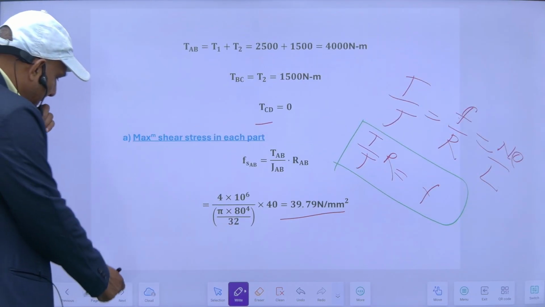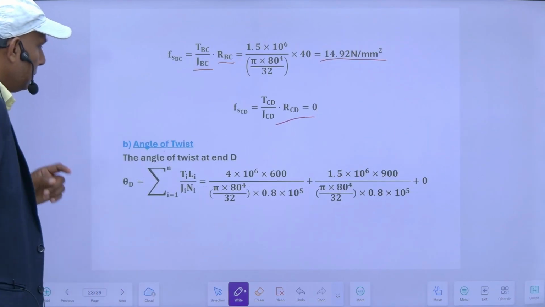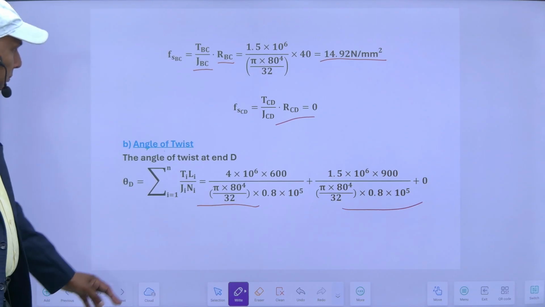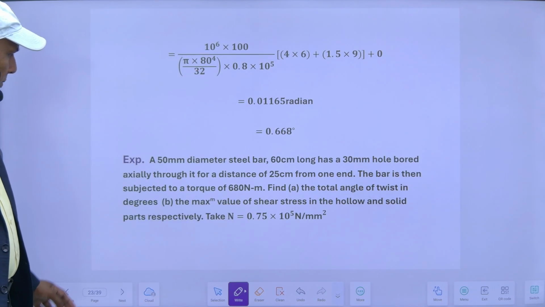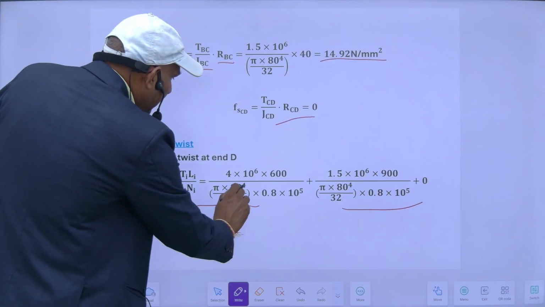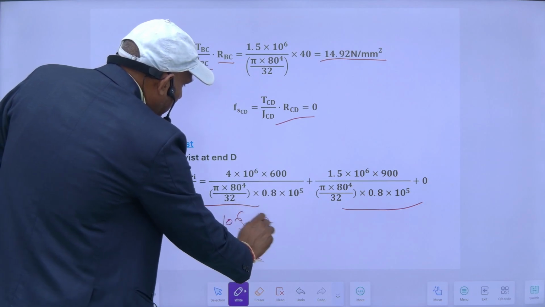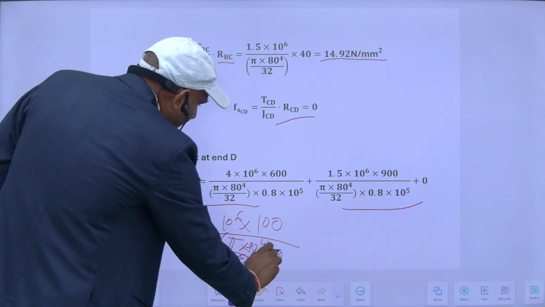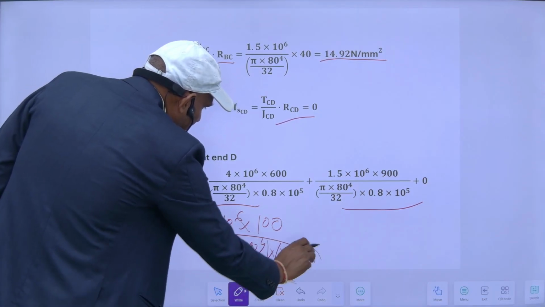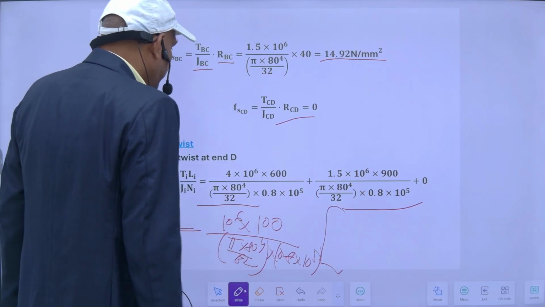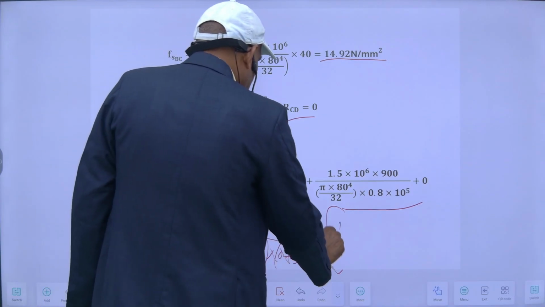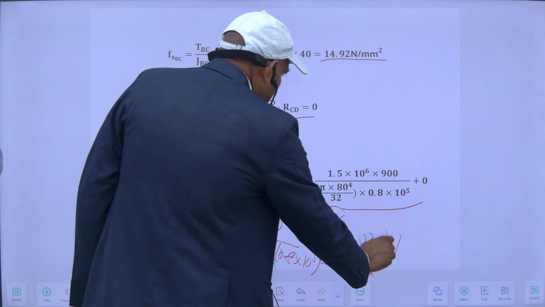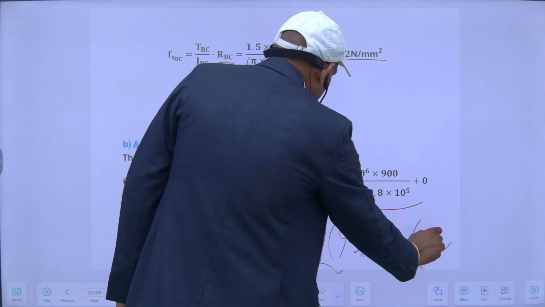So it will be this plus this, which will be equal to 10 raised to the power 4 into 6 into 100 upon pi into 80 into 32 into N. All this I can take common, so inside it will be 4 into 6 plus 1.5 into 9.